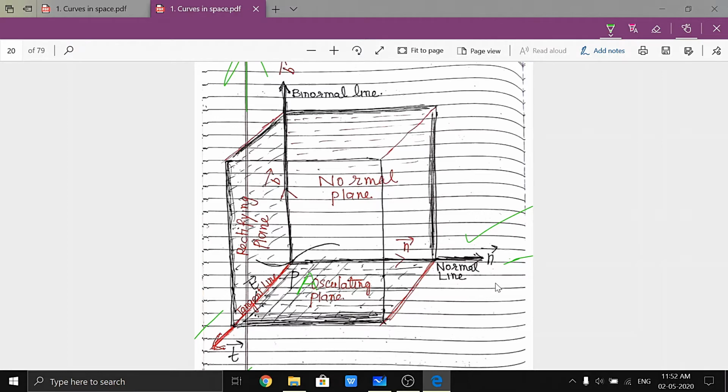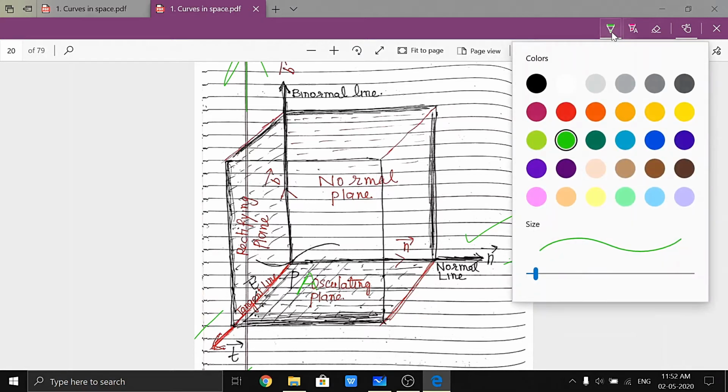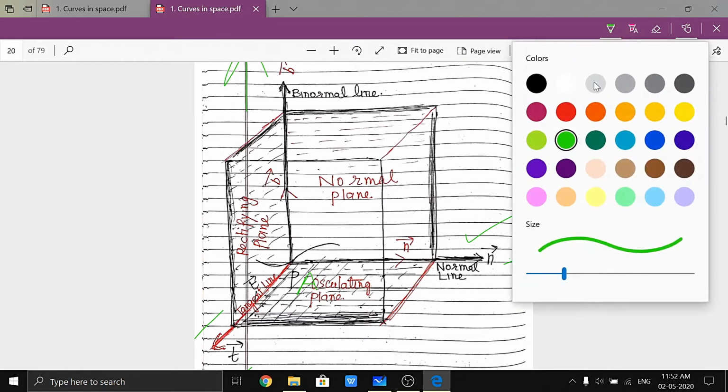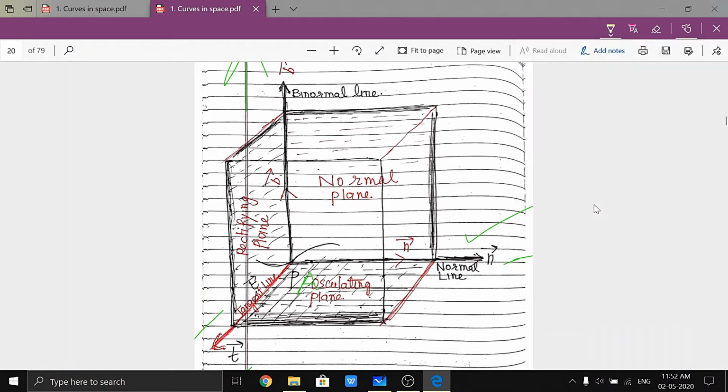They are an orthogonal system. Now, what is the osculating plane? The osculating plane contains the T and N vectors. So this yellow part is the osculating plane.